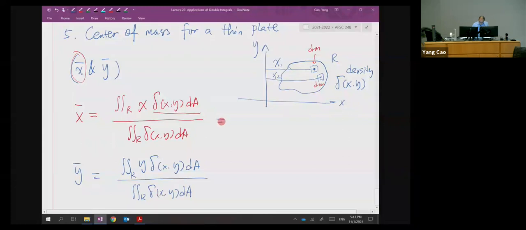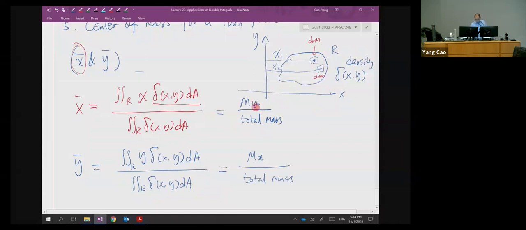The two expressions out here are actually quite interesting. The first expression, we can define the numerator as a so-called My. And the second expression, we define it as Mx.